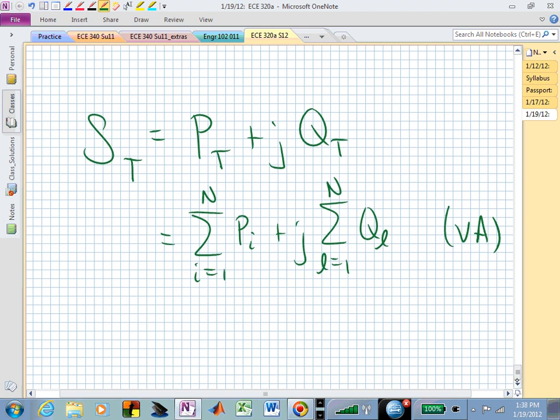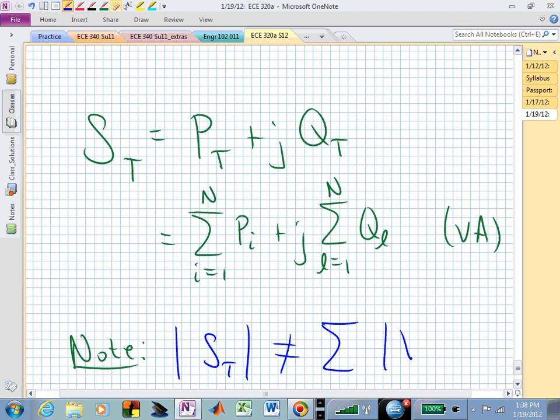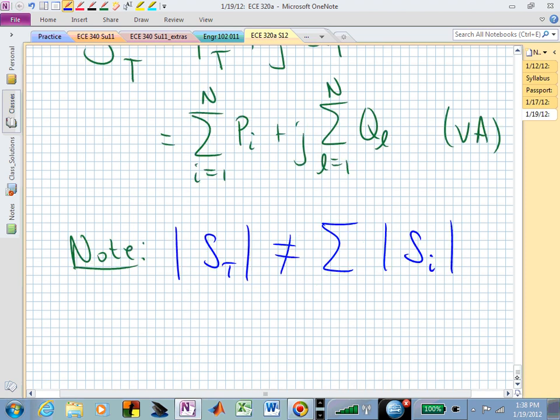And what I want you to realize is that the magnitude of the total, so there's the apparent complex power total, is not the same as if you looked at each of these individual powers and summed up their apparent power.